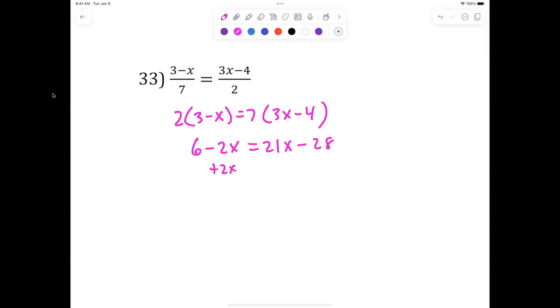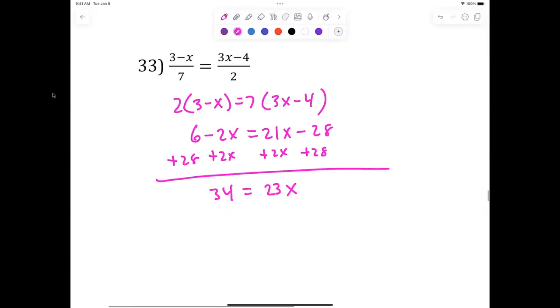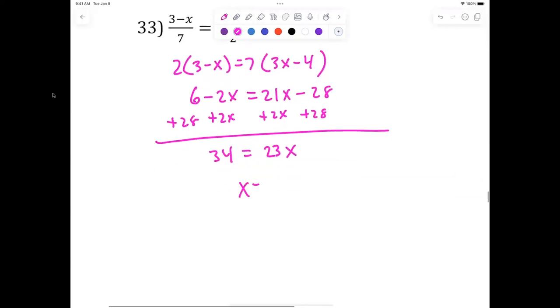Notice I'm adding 2x because I still want to keep it positive, adding 28. 34 equals 23x. Is that right? That's what I said, 23. That is exactly what I said. X equals 34 over 23.